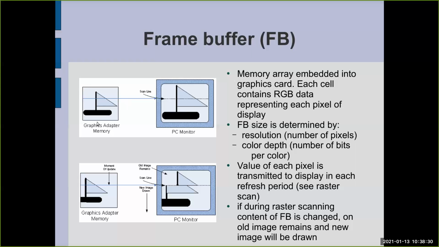But because the frame buffer stores the rendered effect, it may happen that when the image is rendered, part of the old image will be displayed, and then it will be modified by the graphic card.